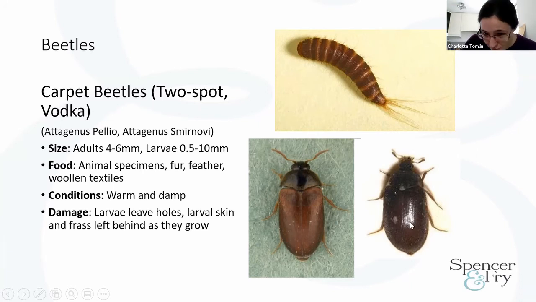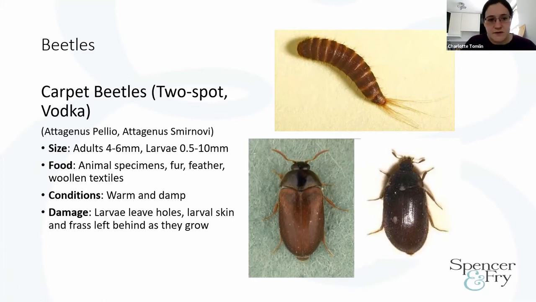You can't see quite as clearly in this photo, but there are 2 white spots, one on each wing case. And again, they attack the same things: animal specimens, fur, feather, woolen textiles, and again, they like the warm and damp, and they leave a similar amount of damage.